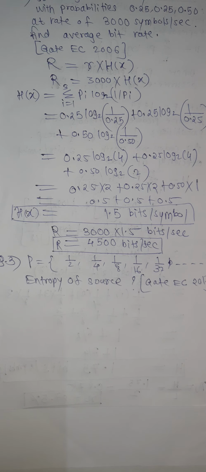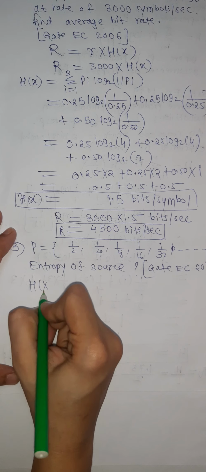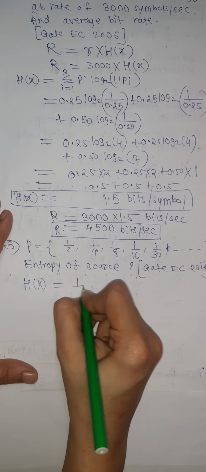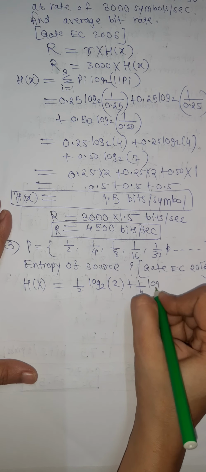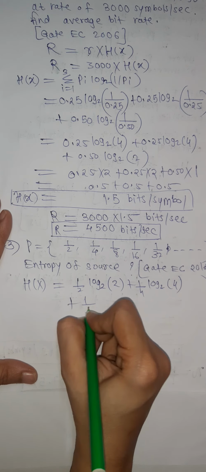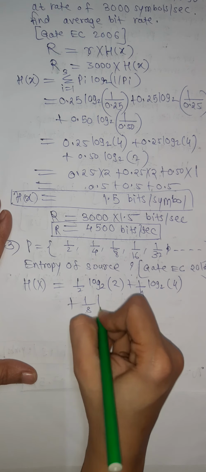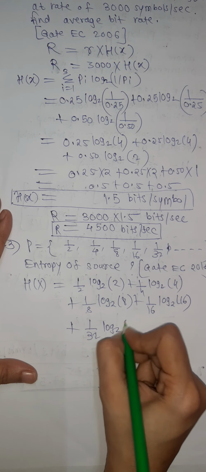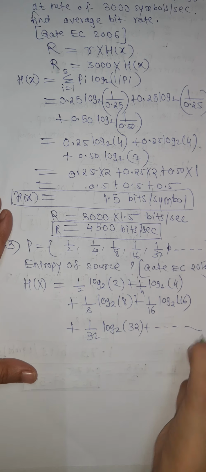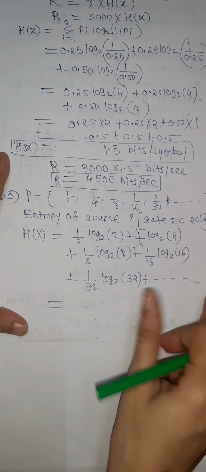First of all we will find entropy. Entropy H of x is equal to 1 by 2 log 2 2 plus 1 by 4 log 2 4 plus 1 by 8 log 2 8 plus 1 by 16 log 2 16 plus 1 by 32 log 2 32 plus so on. It is never ending.